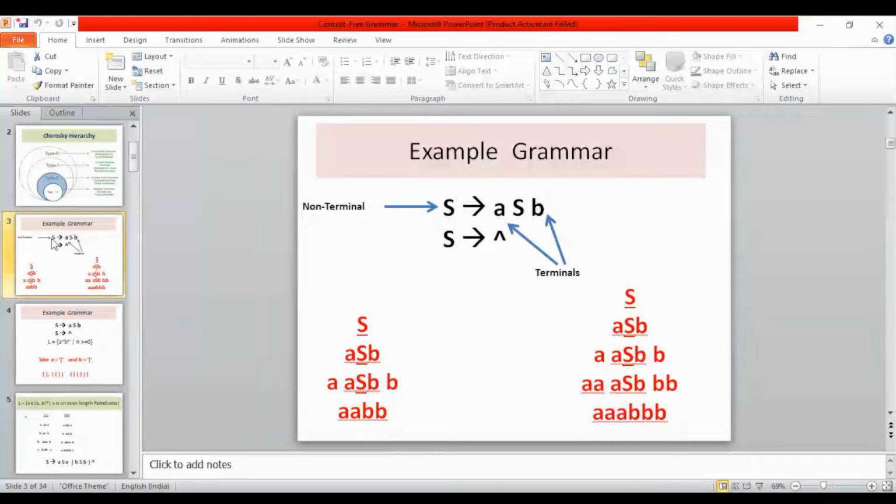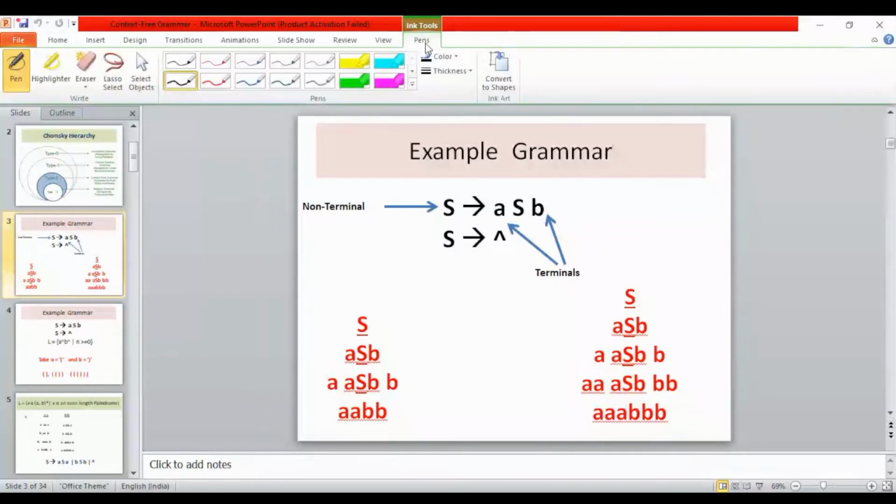Now, using a grammar, we can derive any string. So here I am deriving the string aabb, as you can see here. To generate this string, we start with the non-terminal S, the starting symbol of the grammar. Then I want a and b in the string, so I replace non-terminal S with aSb.